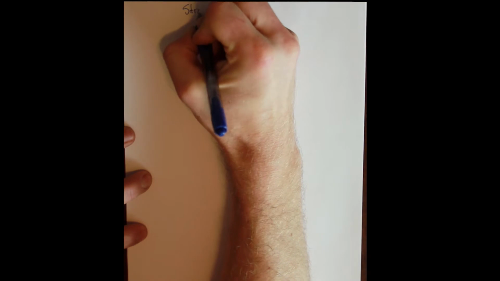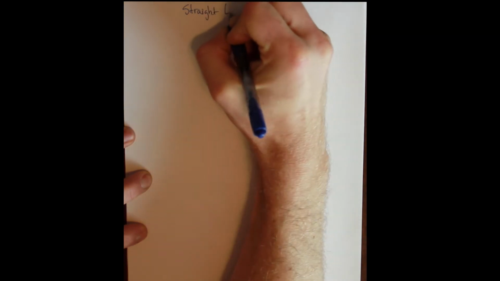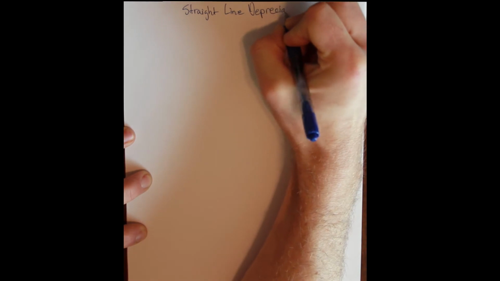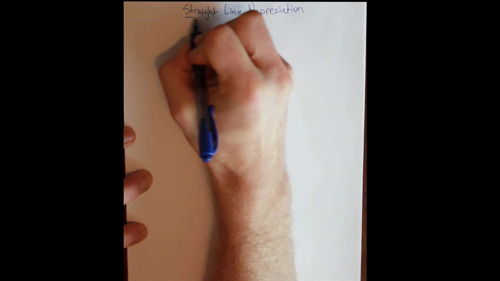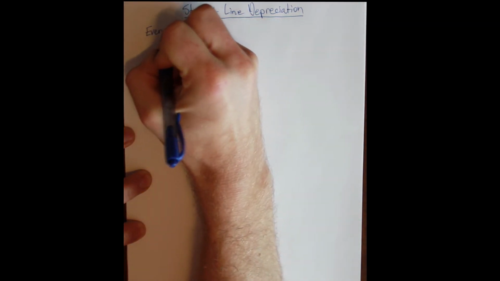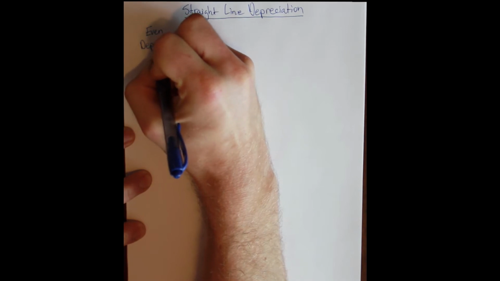Now, the first type of depreciation that we want to talk about is something called straight line depreciation. Straight line depreciation is the easiest form of depreciation because it is even depreciation in every year.